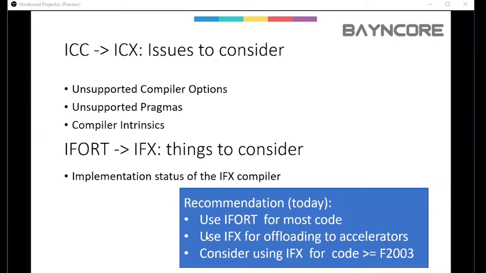Not all the language features are supported. If your code has features from just Fortran 2003, it'll probably work fine on the new compiler. If you've got some more exotic features from 2018, for instance, then it's likely that they're not yet implemented in the LLVM Fortran version.